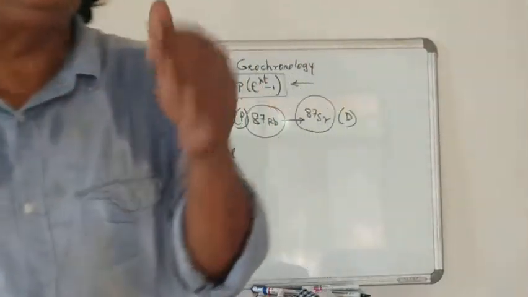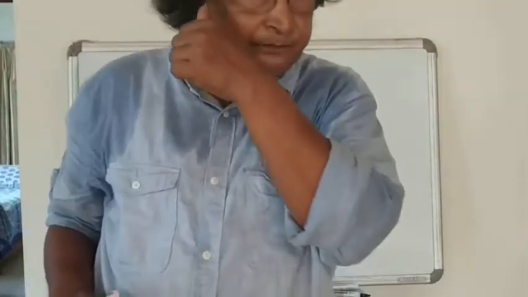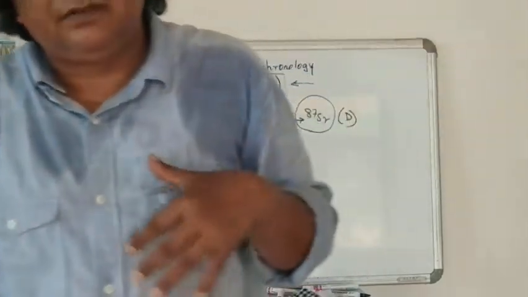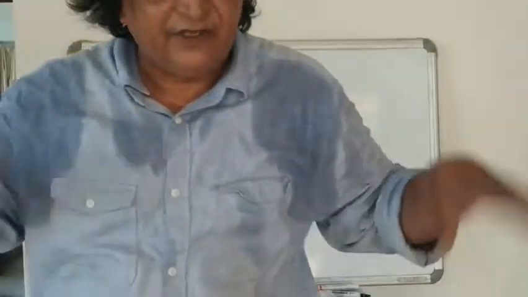That means this is the strontium the Earth acquired by birth. It is something like my DNA, for example. Certain things I have acquired by birth, and certain things I have acquired from the surroundings.